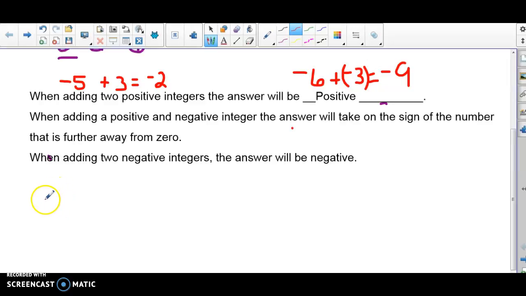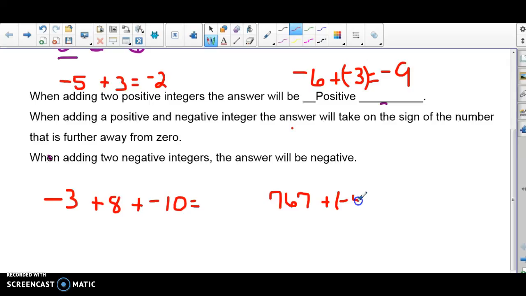I'm going to add a -3 plus an 8 plus a -10. And I want you to see if you can come up with the answer. And the other one that I want you to think about, now we're applying it to something a little bit larger. So we have 767 plus a -47.